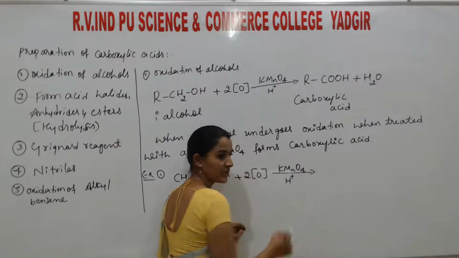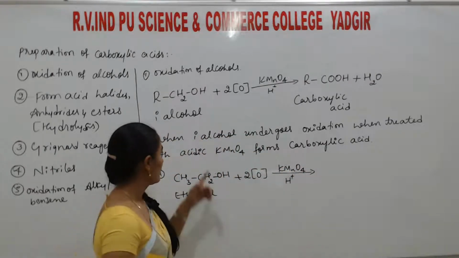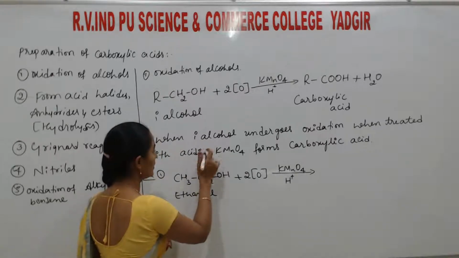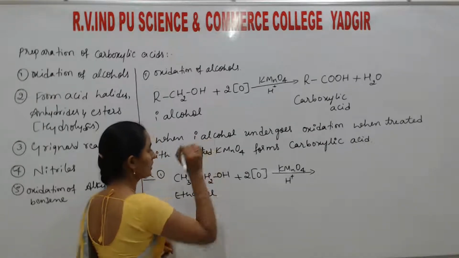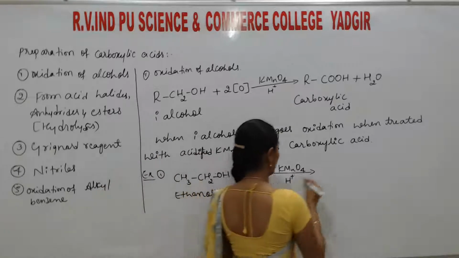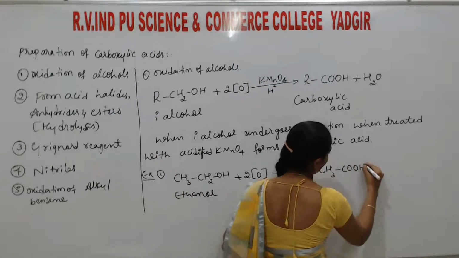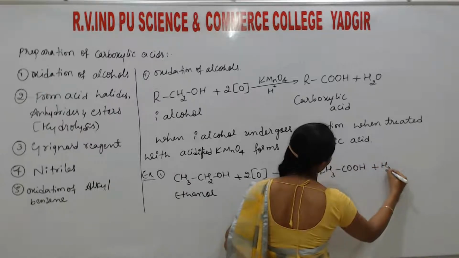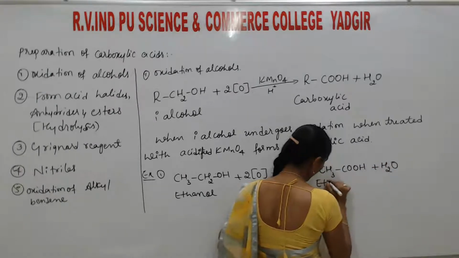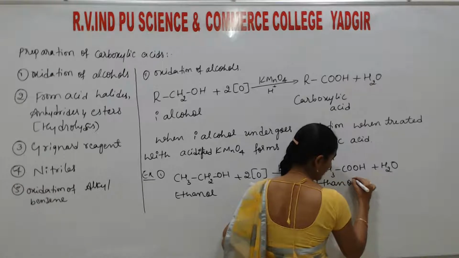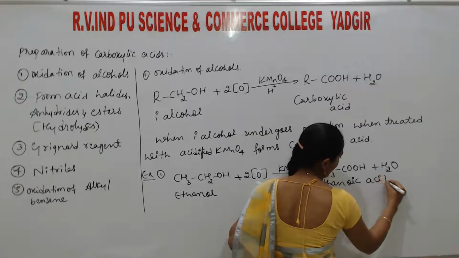This H plus represents acidified, so in the place of acidic, you take acidified. KMnO4 gives CH3COOH plus H2O, that is ethanoic acid.